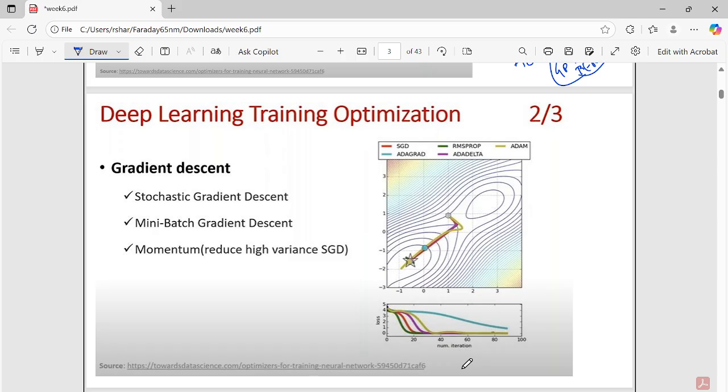And there is mini batch gradient descent, where bigger chunks of batches are fed in. And the momentum is used to reduce the high variance in stochastic gradient descent.